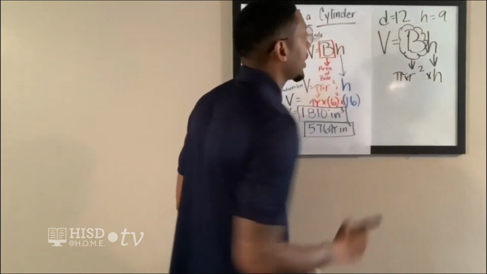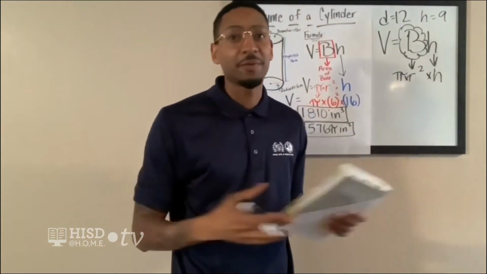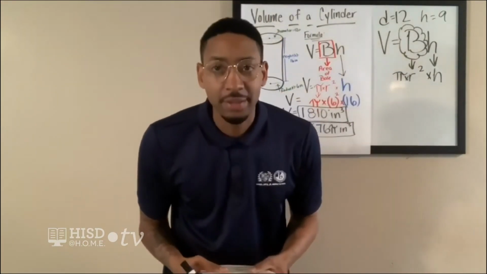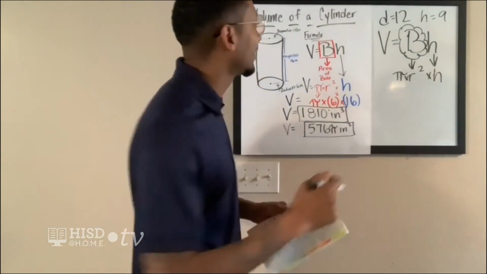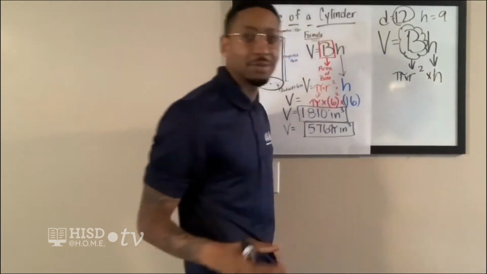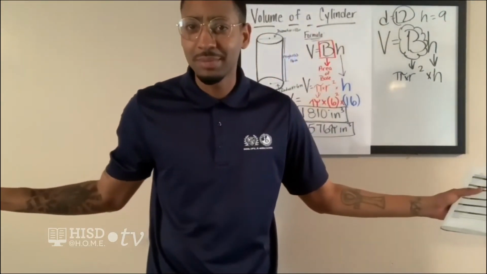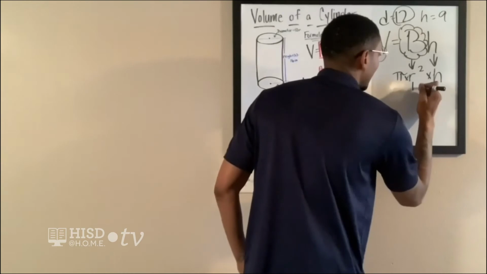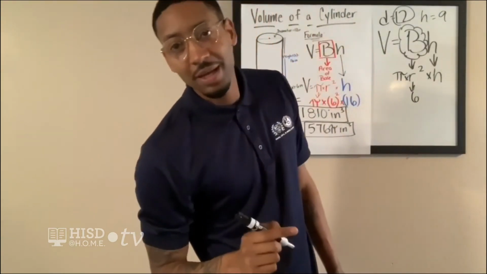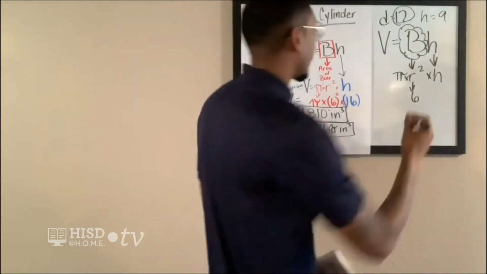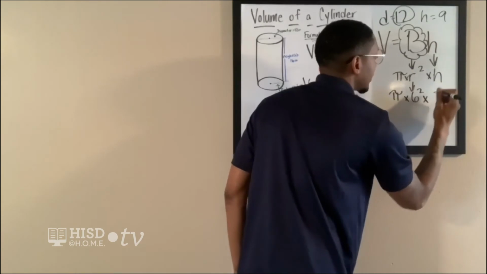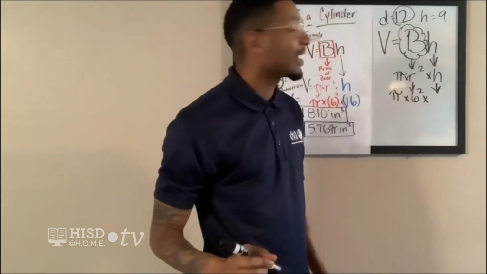Well, to get our radius, how do we get our radius if we were given the diameter? Exactly. Divide by 2. So 12 divided by 2, everybody knows that, is 6. Exactly. And remember, we can't forget to do what to the radius? Exactly. Square it. Square times pi times the height is 9.